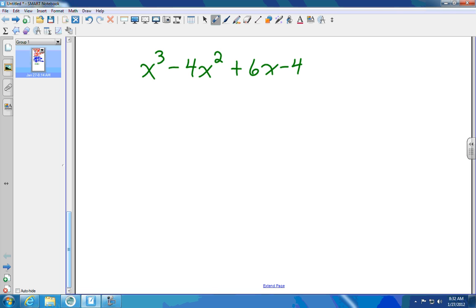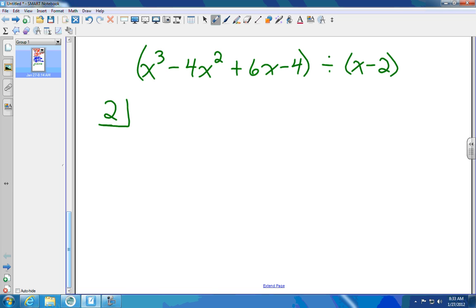And again, dividing by x minus 2. So we put our little box up here. What should go in the box? Positive 2.